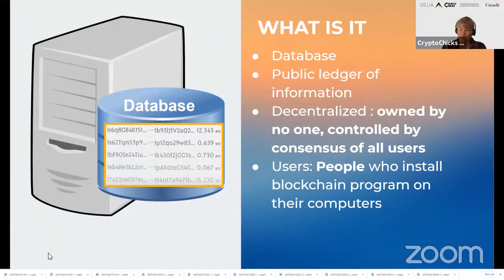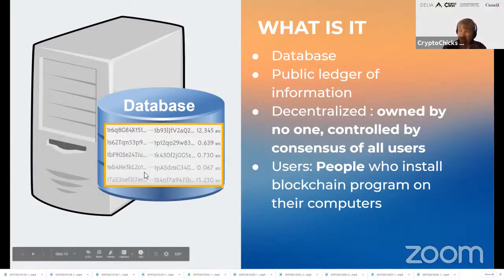This is the most important principle of the blockchain database as we know it: decentralization. And also consensus, which means the agreement between all the records is not controlled by any single party, but rather by consensus of all the users in a network. And users, as I mentioned, are the people who install the blockchain files on their computers.